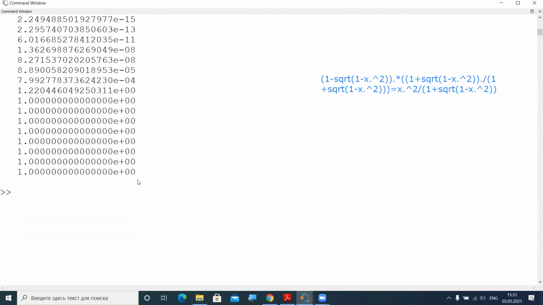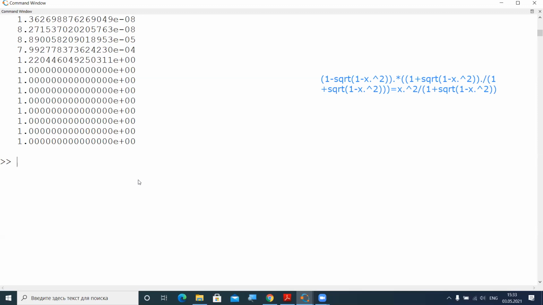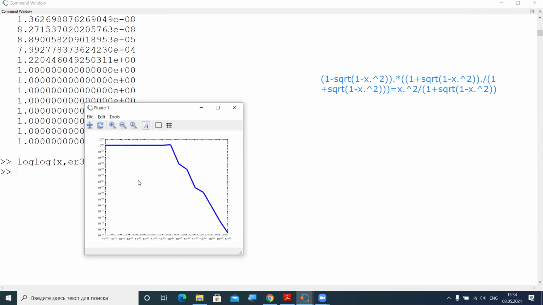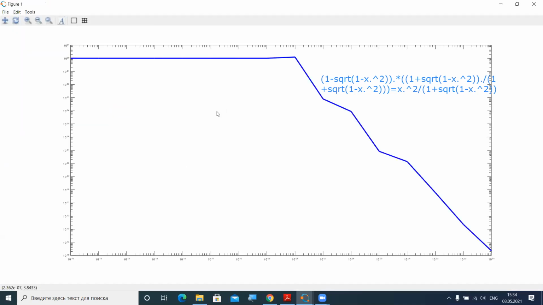And now we can draw the graph using log. Let me put the ready one, ER3. Just show the graph. Now this is our new graph.